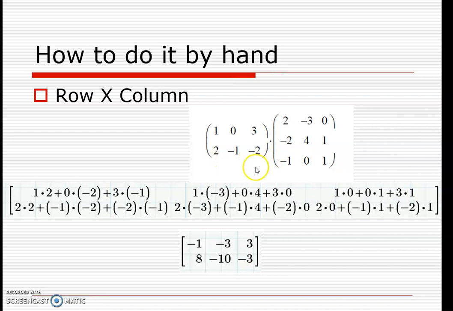Then we go to the next row and do the same. 2 times 2, minus 1 times minus 2, minus 2 times minus 1. Add those up to give an 8. Then the next column, 2 times minus 3, minus 1 times a 4, minus 2 times a 0. Add those up, get a minus 10. Then the last column, 2 times 0, minus 1 times 1, minus 2 times 1. So, as we said, you get a 2 by 3.